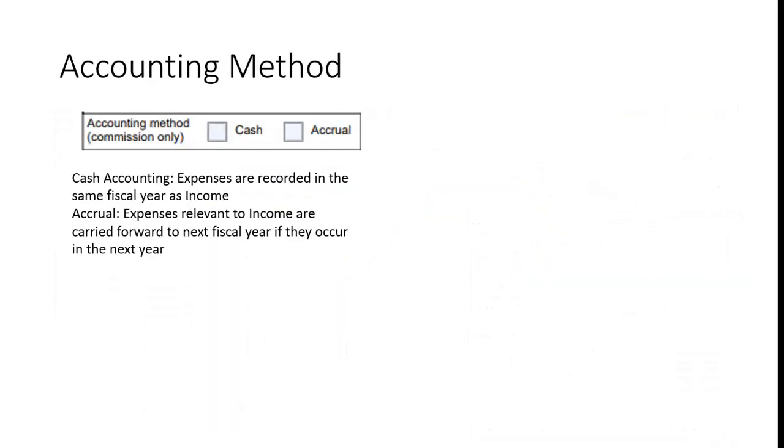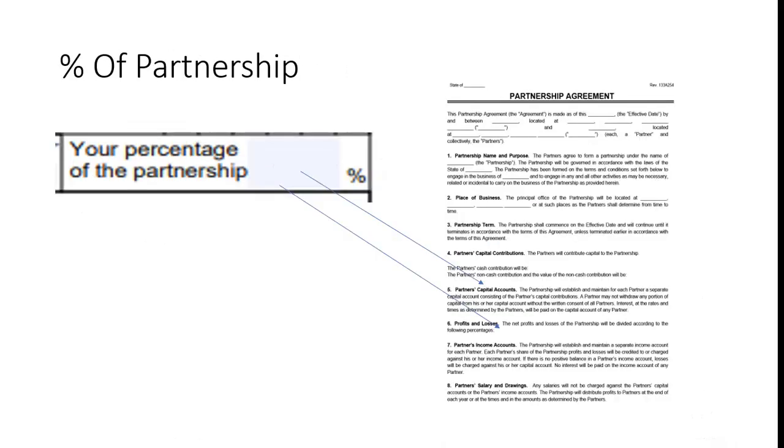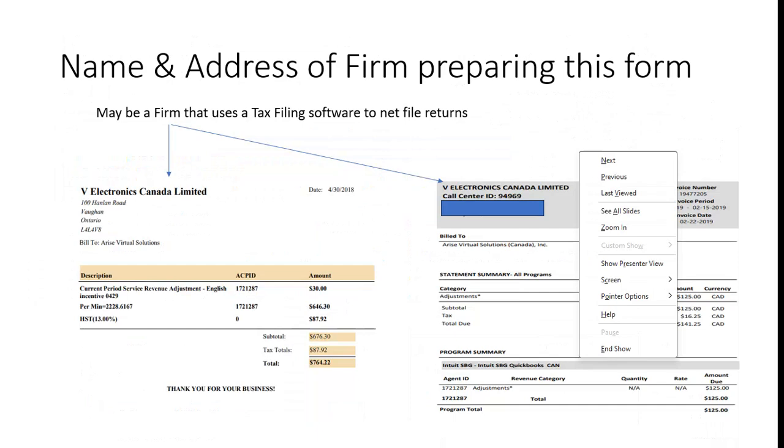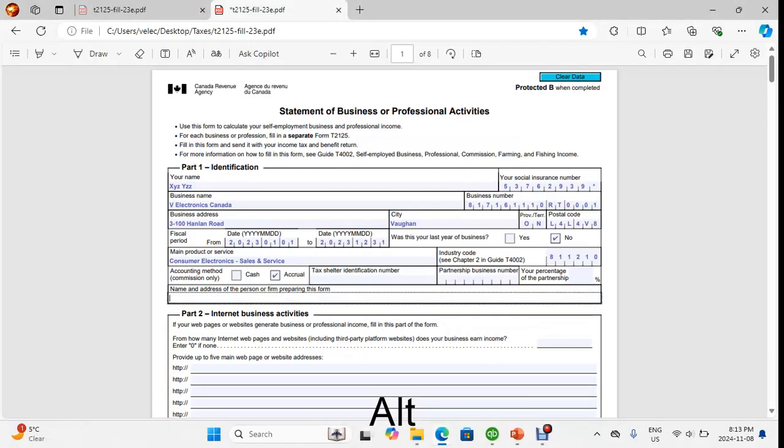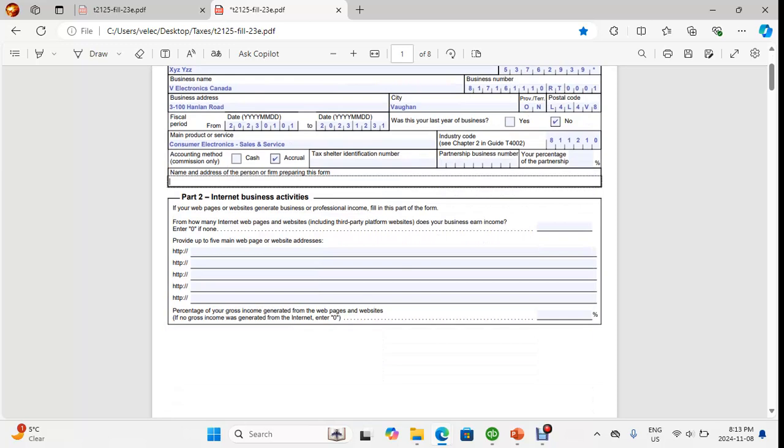So this is something that a third party can use to file your tax return for you. This will be somebody with an e-file number. Let's say in this case, because we are filing our own tax return as a business owner, this is not applicable.